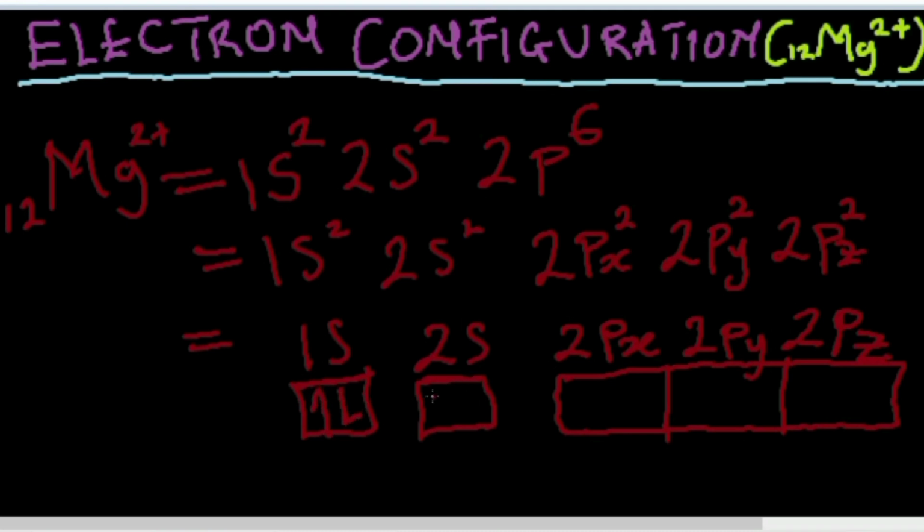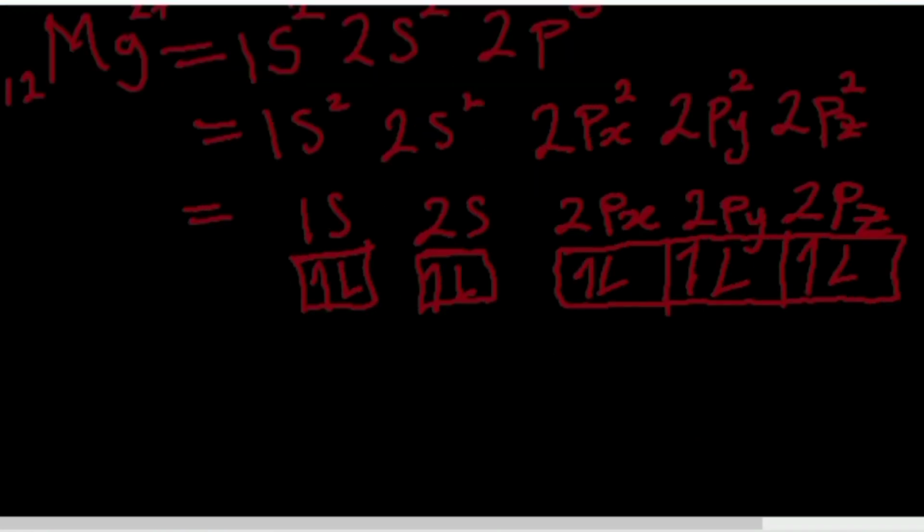Clockwise, anti-clockwise, clockwise, anti-clockwise. Why? Because Hund's rule says that the degenerate orbital must be first filled singly with parallel electrons before pairing begins in the opposite direction. So we pair opposite direction, opposite direction, opposite direction. So this is how the electron configuration of the magnesium ion will be.